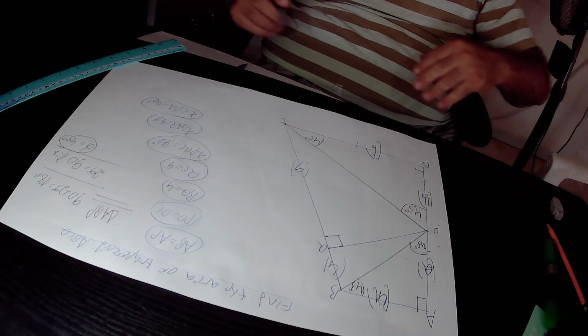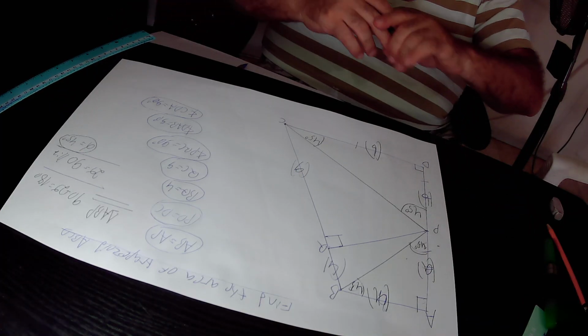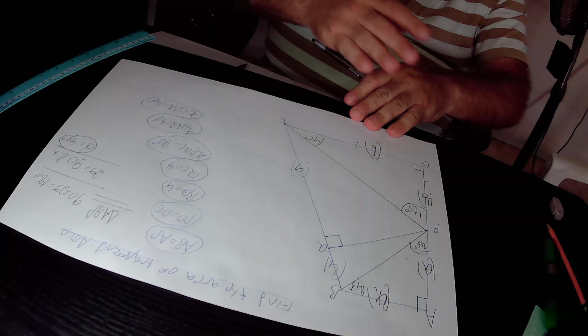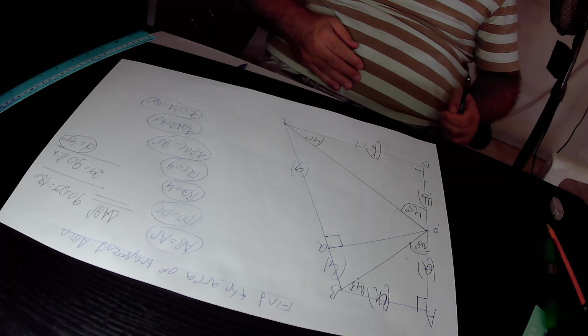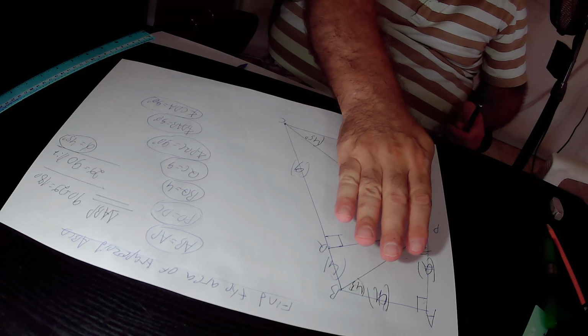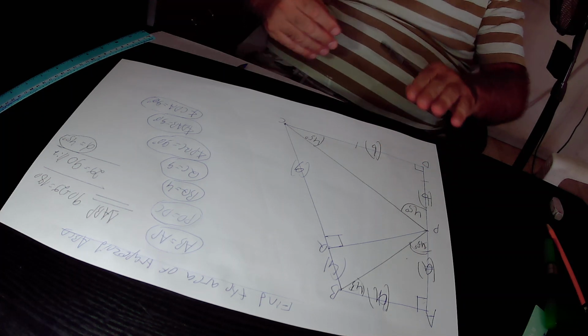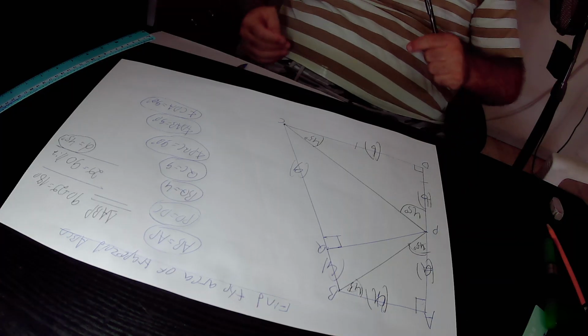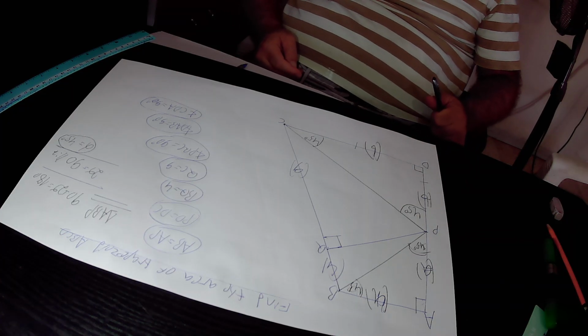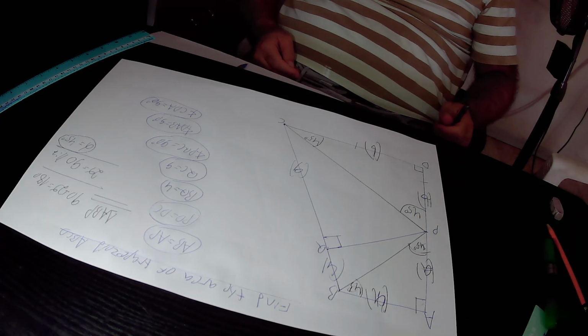We know that AD is one side of trapezoid ABCD, therefore it is absolutely a straight line. So if we focus on the right side of the straight line AD at point P, here the sum of the angles must be equal to 180 degrees, according to rule 3 that states that the sum of the angles on one side of a straight line is equal to 180 degrees.